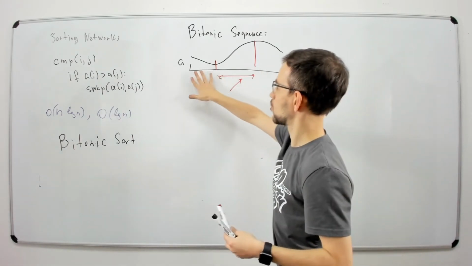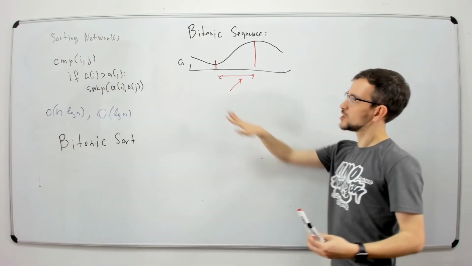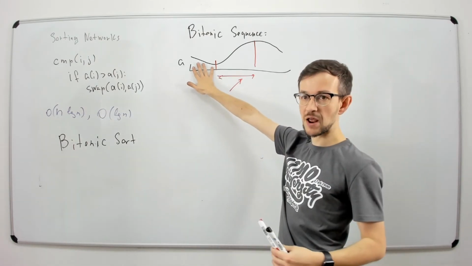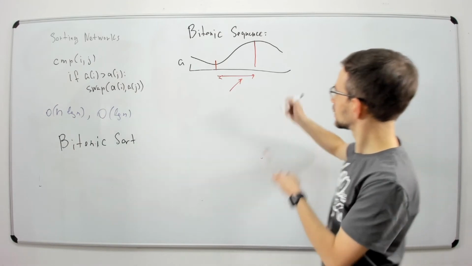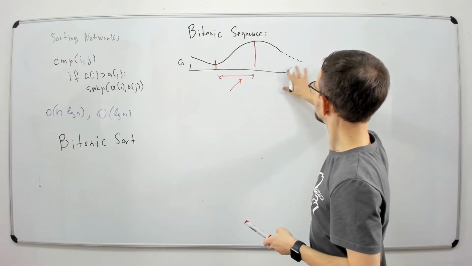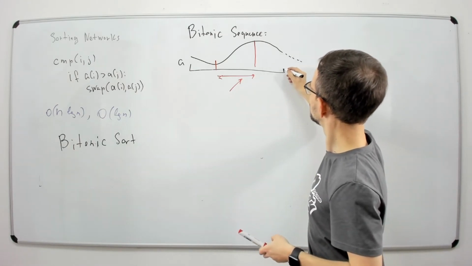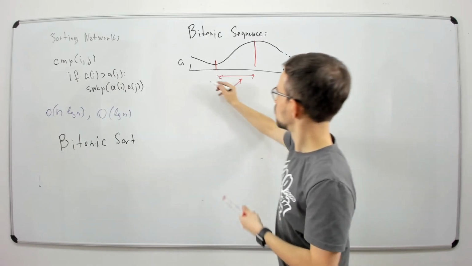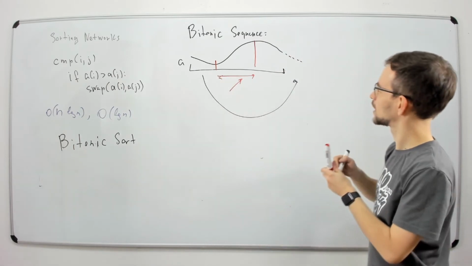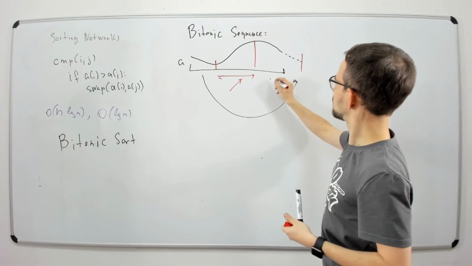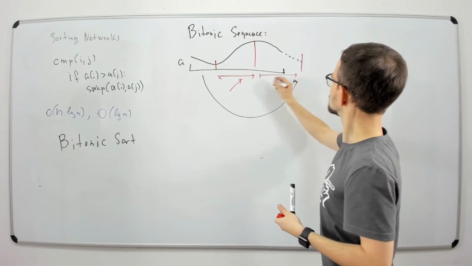And if we look at the cyclic shift of this array, if we just take this decreasing prefix and move it here, then here we will have the decreasing segment.